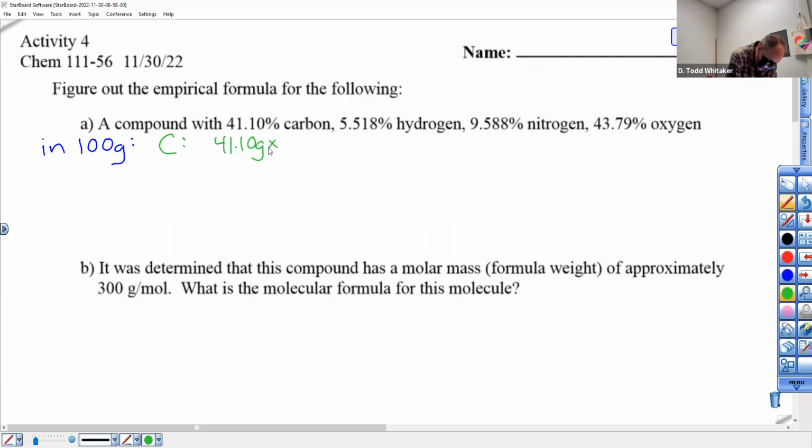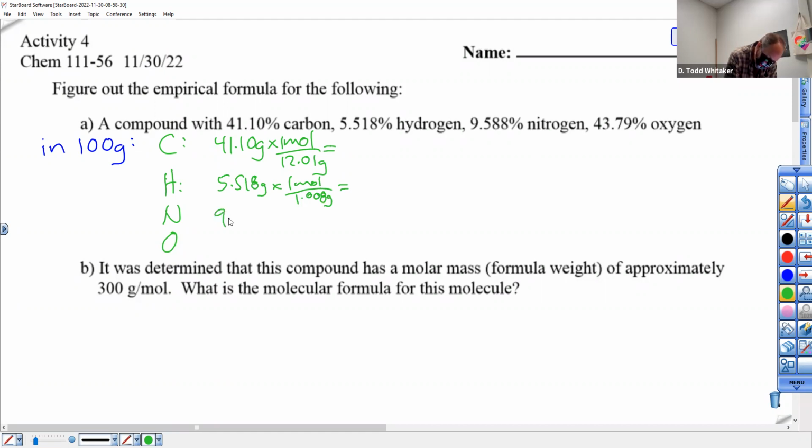41.10 grams times 1 mole for every 12.01 grams. I'm going to set them up. And I'll do H, I'll do N, and I'll do O. We got 5.518 grams times 1 mole for every 1.008 grams.